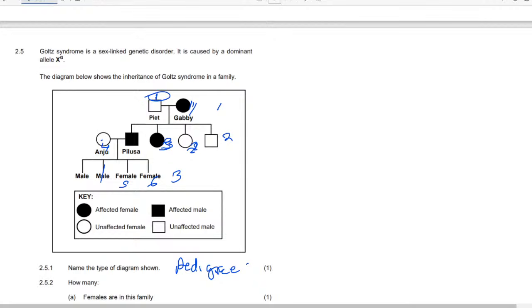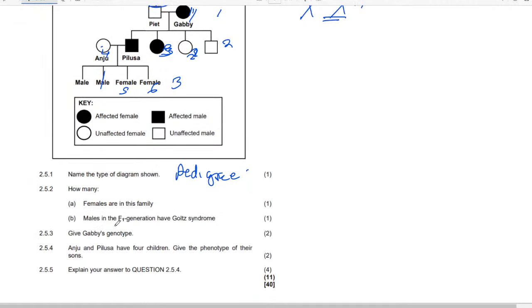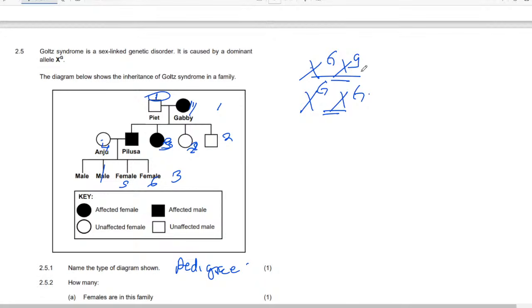Gabby is a female, so it can be capital G, small g, or it can be capital G, capital G. But the question is saying give Gabby's genotype, so which of the two is correct?